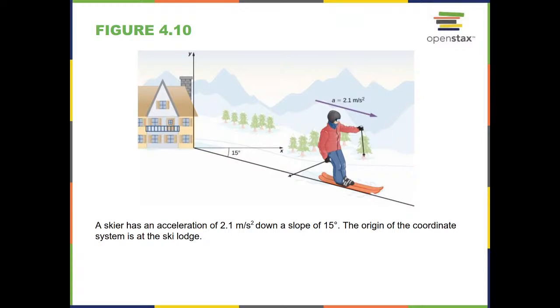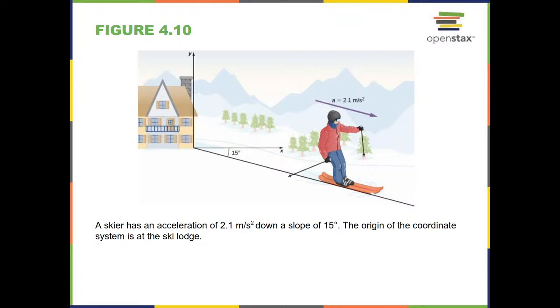That is along the slope. How that acceleration came to be, we don't have to worry about right now. That is something for the next chapter. But let's assume that we know this acceleration is 2.1 meters per second squared.